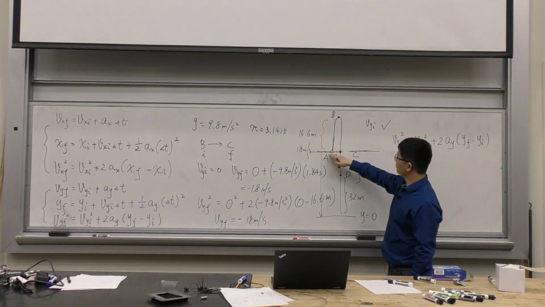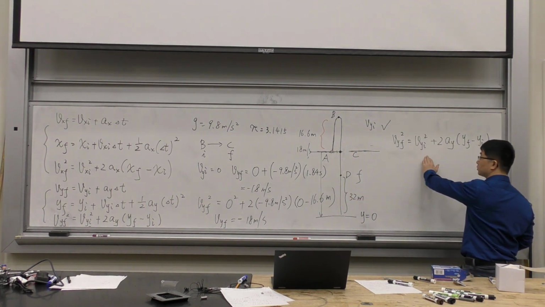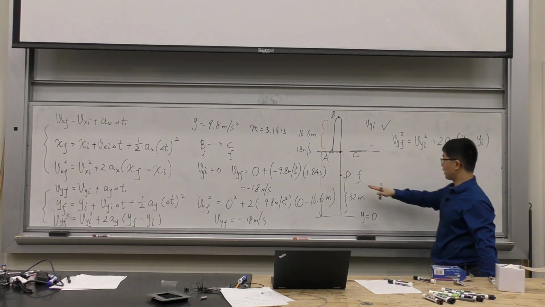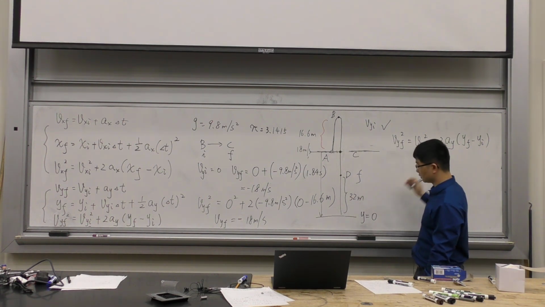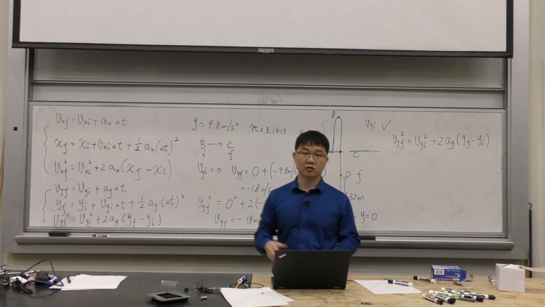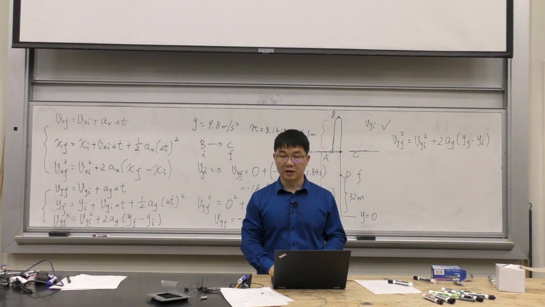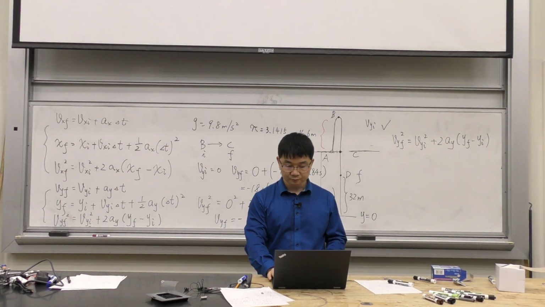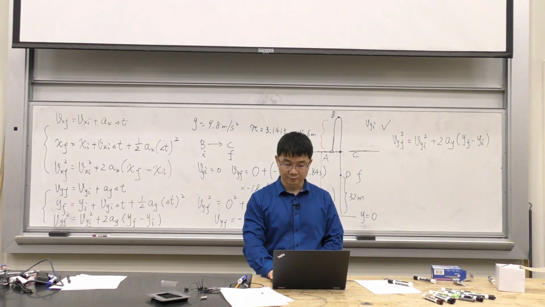So it doesn't matter which one you pick. You can always use the third equation to find the velocity at point D, because you will have all the numbers on the right. You just put numbers in, take a square root. Okay, so you can pick any of these 3 points, set them as your initial, and then put numbers in, find the final velocity at point D, which is 32 meters above the ground.